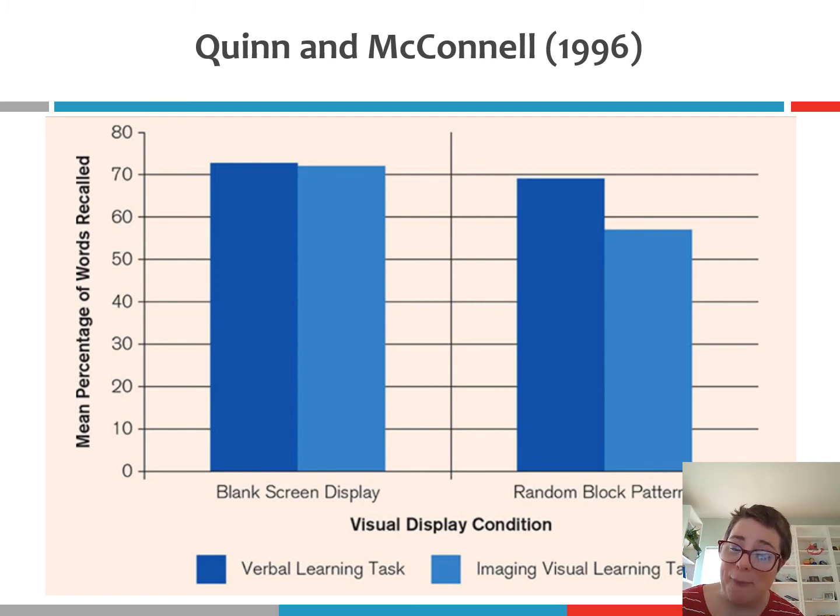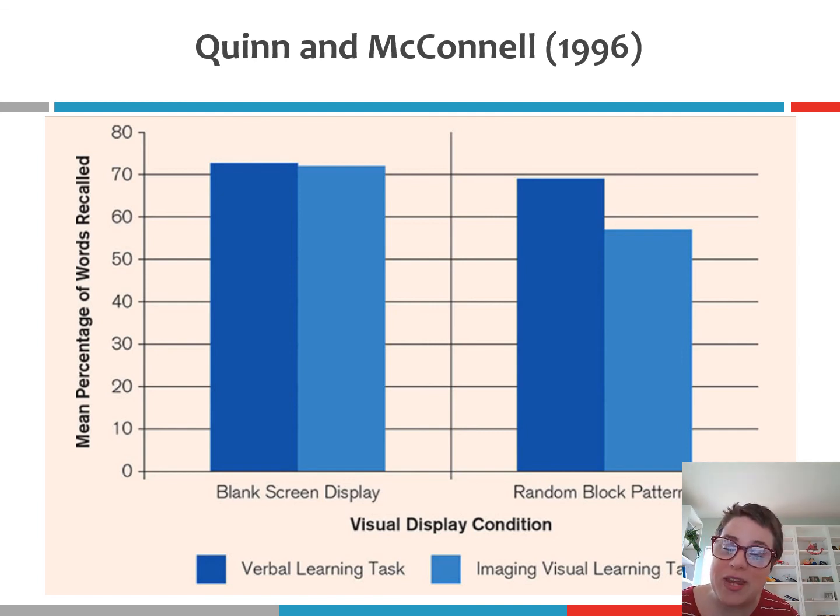So what happens for participants in the visual imagery condition is they have to use their Visuospatial Sketchpad to generate mental images of the object, but unfortunately, their Visuospatial Sketchpad is already overloaded with those random block patterns.